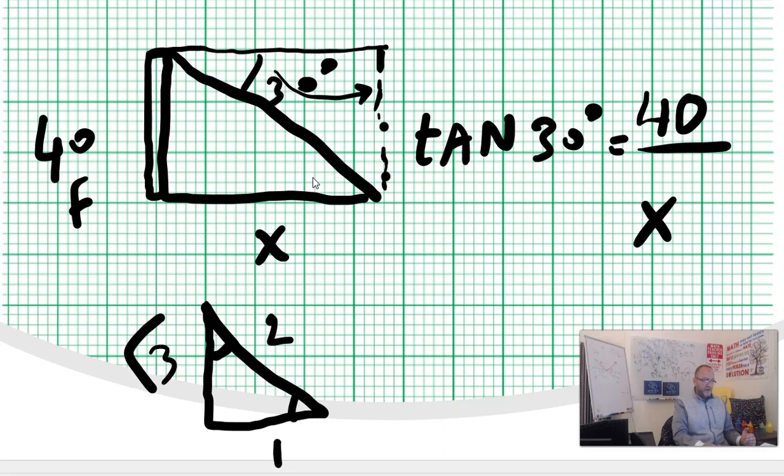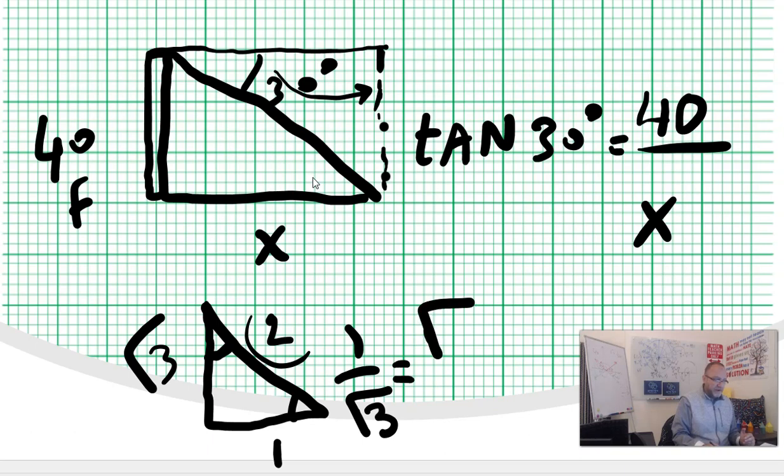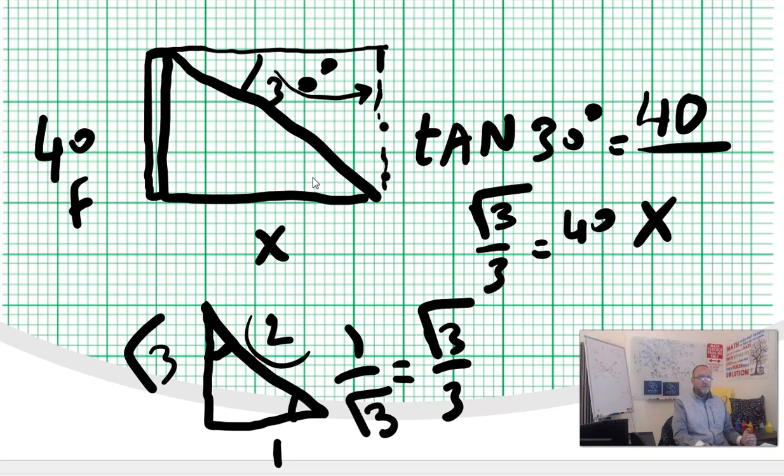This is my 30 now. It equals opposite, 1, divided by adjacent. That's the tangent. I don't use the hypotenuse. So 1 divided by square root of 3, or if I multiply by square root of 3, I get square root of 3 divided by 3. So in this situation, we get square root of 3 divided by 3 equals 40 divided by x. And you can find your x this way.